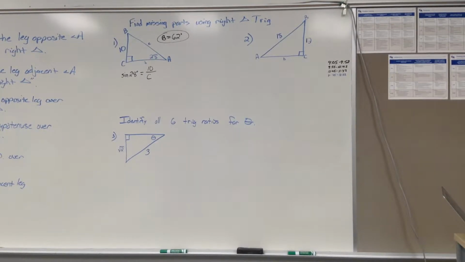You could multiply by 1 over 10, but even then, doesn't the C still stay on the bottom of the fraction? Because then you just have 1 over C. At least you got rid of the 10, but C still isn't by itself. So I like the idea of getting rid of the 10. I usually take a different approach, but we could go that direction. Is there another way where I could just do something so we don't have a fraction, or we don't have C on the bottom?